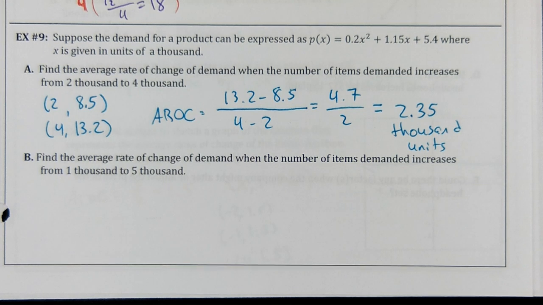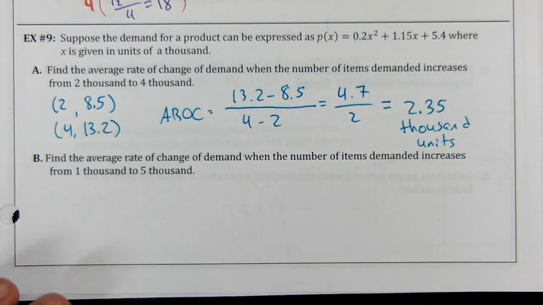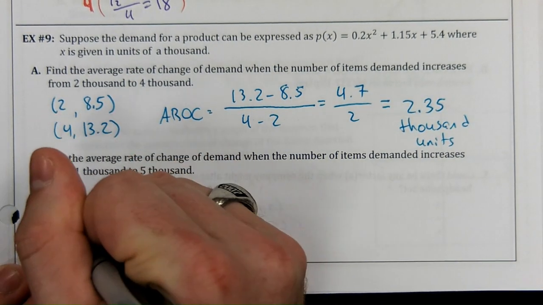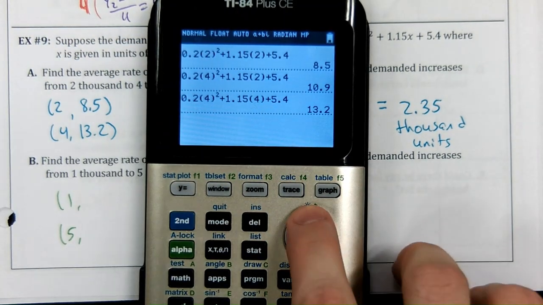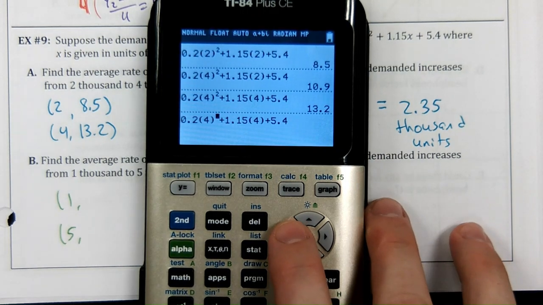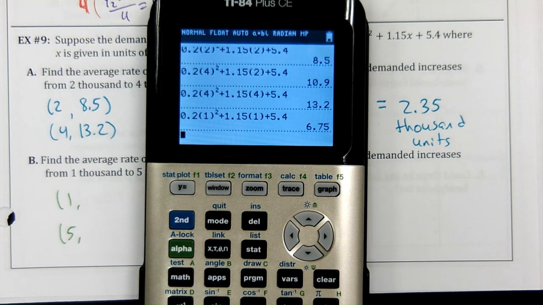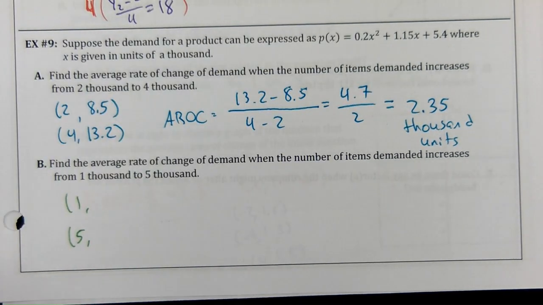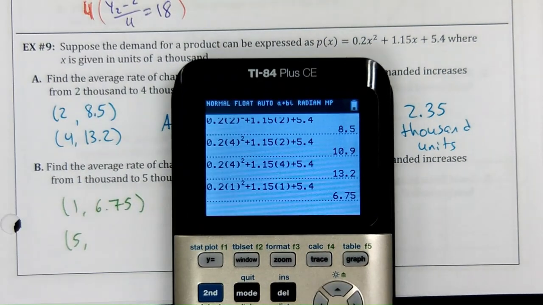Now let's find a different average rate of change and see what happens. This time I'm going from 1,000 to 5,000. And again, I don't feel like typing all that in. So I'm just going to go up, and where there was a 4, I'm going to type a 1. Hit enter. 6.75. And do it again.